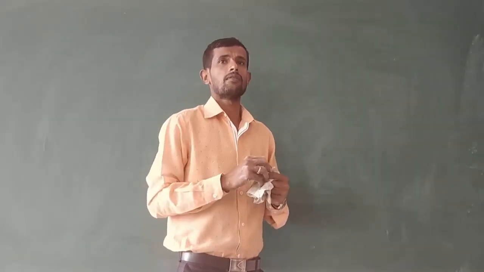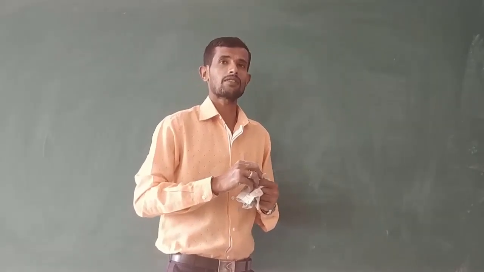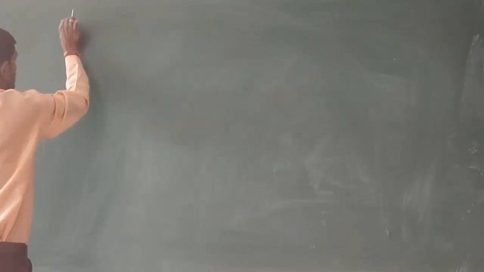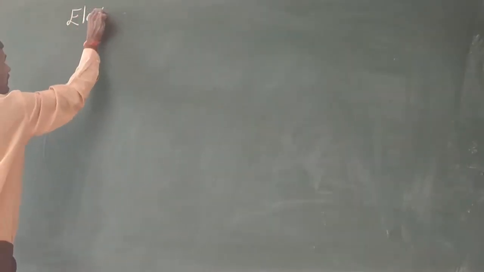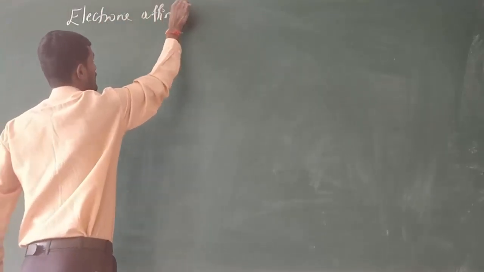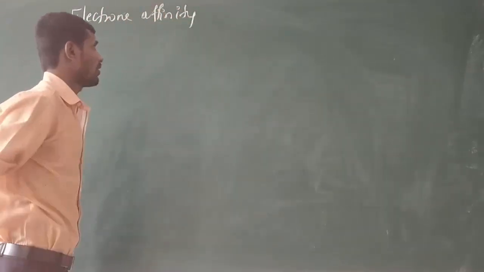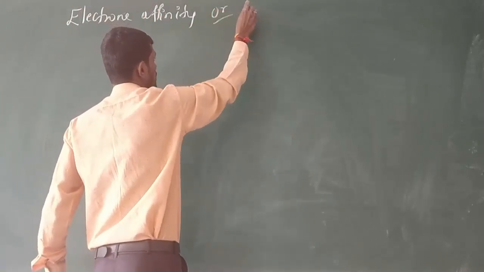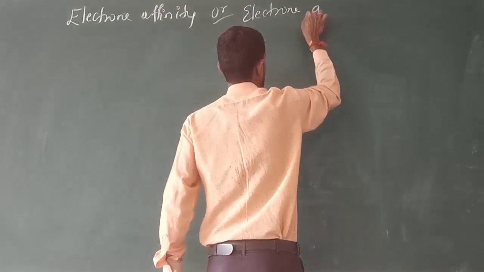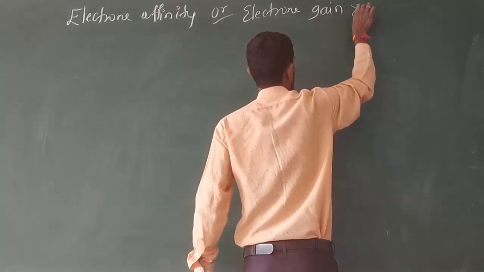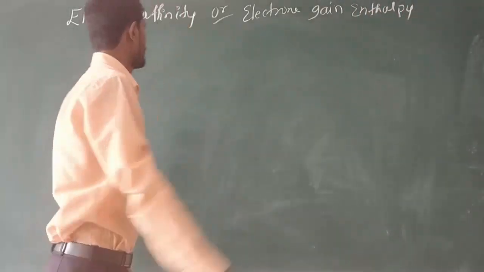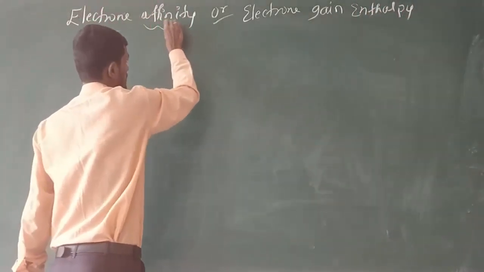Students, in this video, I am going to explain another concept or trend, that is electron affinity, also called electron gain enthalpy. Remember students, enthalpy is nothing but energy. Enthalpy means energy.